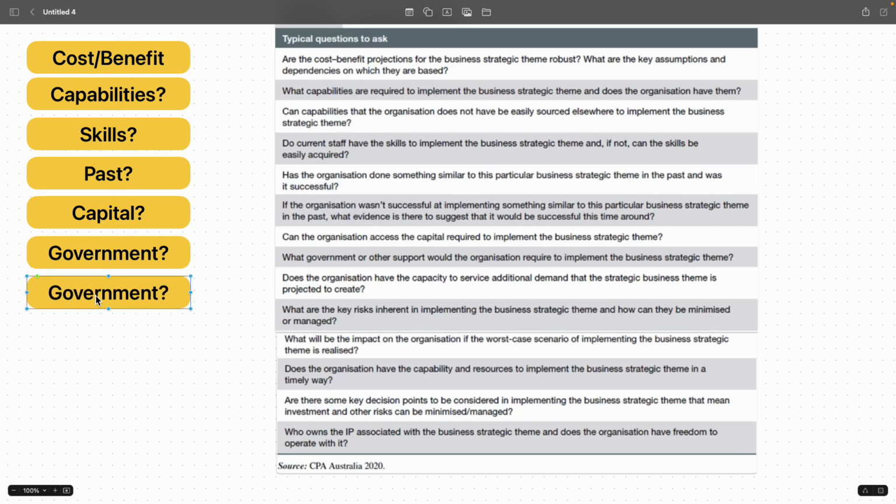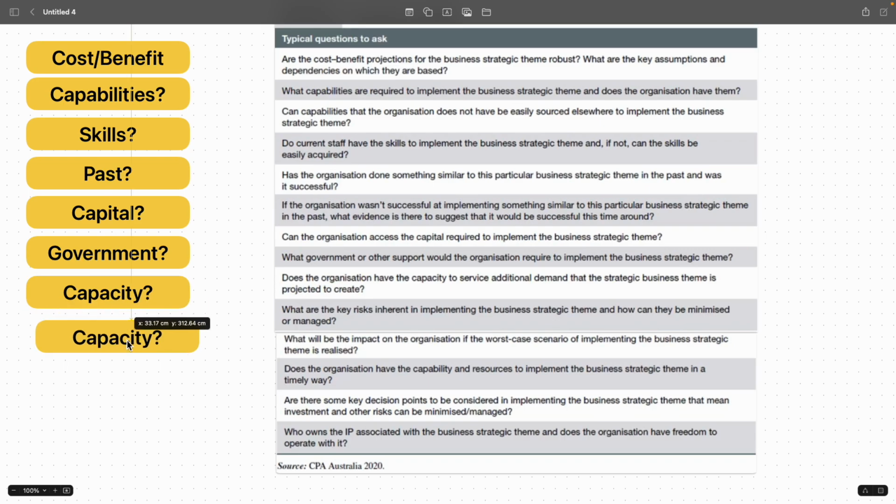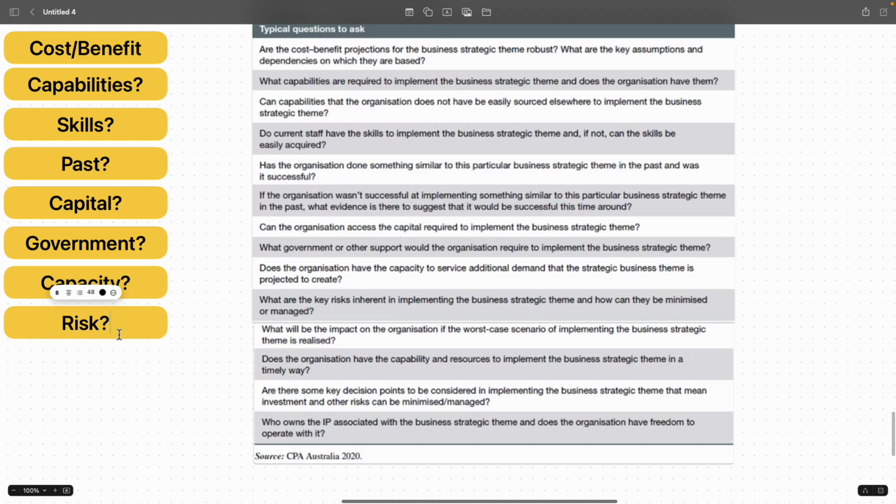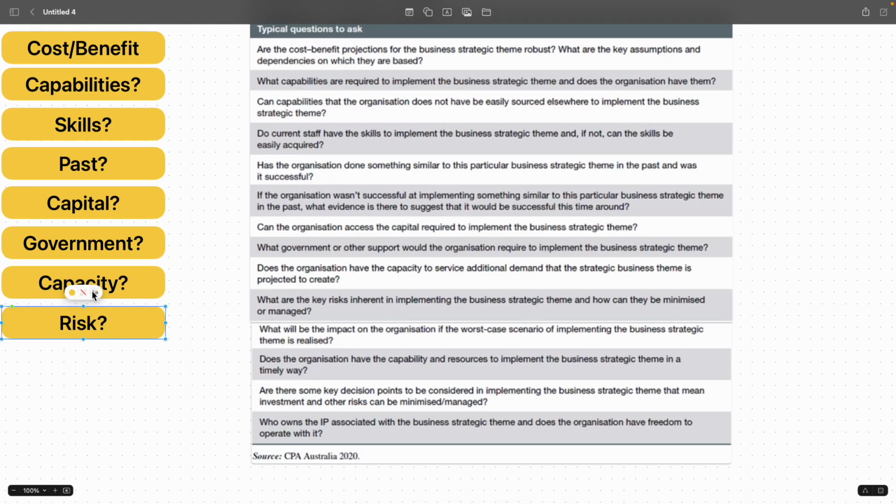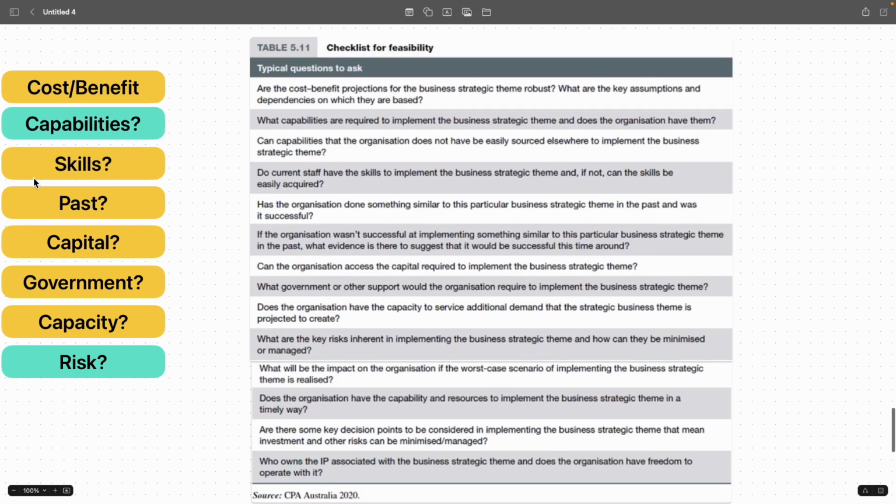Again, all this is checking whether you have the right resources to get things done or not. Then you also have, what are the risks inherent with this and how will they be minimized? So the word risk, you can see overlapping. So these two words are overlapping a bit.